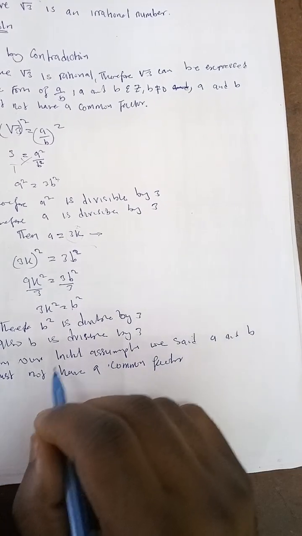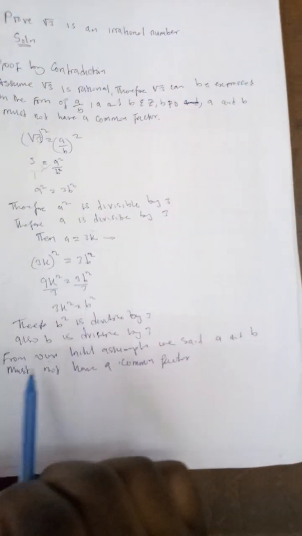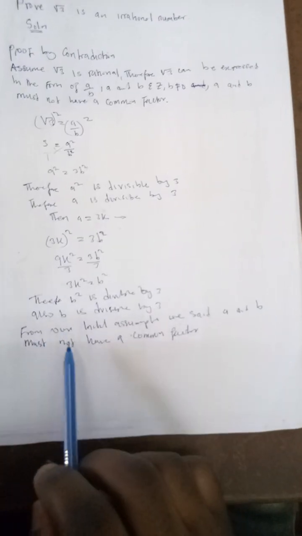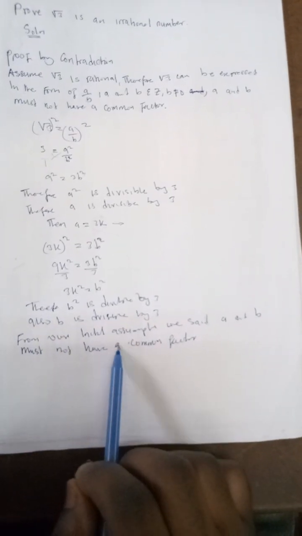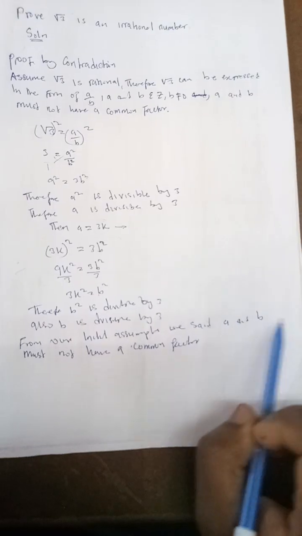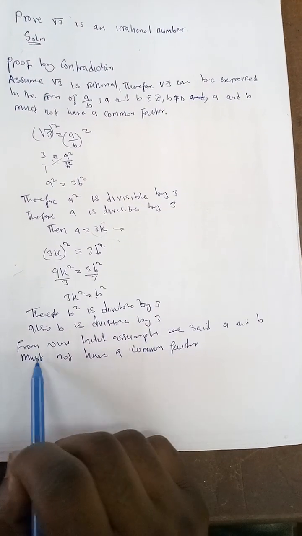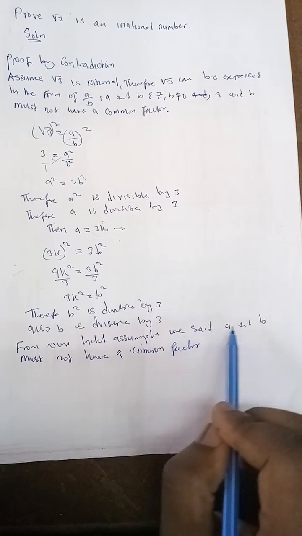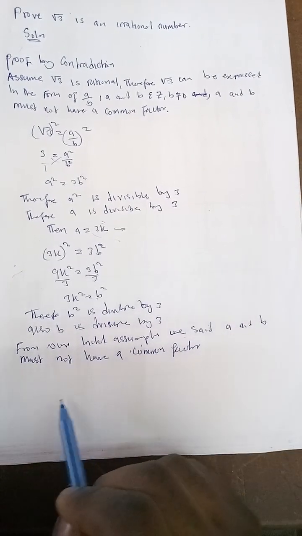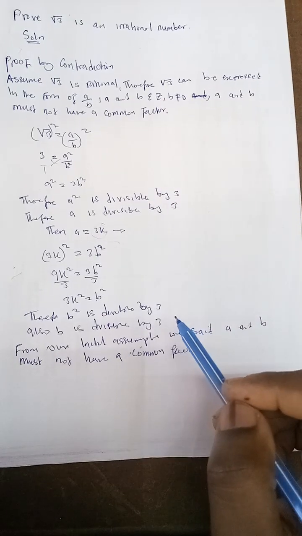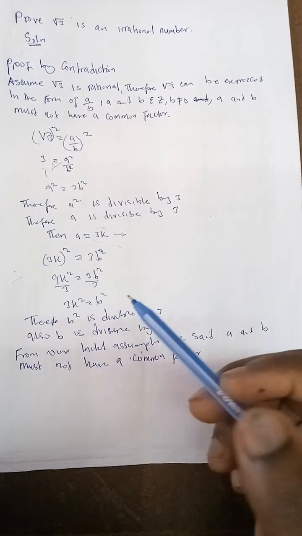This is what we said here. Now if you look at what has happened, we're having a common factor. a and b are both divisible by 3, so they have a common factor, which is 3. But from our initial assumption, we said that a and b must not have a common factor if the square root of 3 is rational.